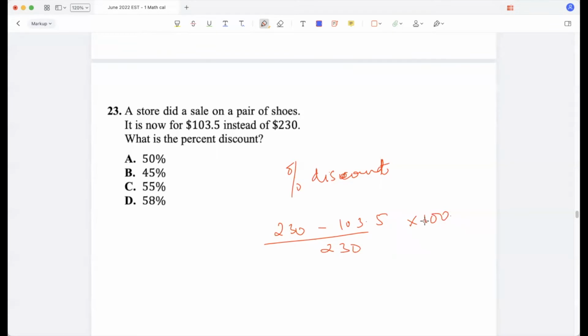So let's plug that in. 230 minus 103.5 divided by 230 into 100. So 55%. Okay.